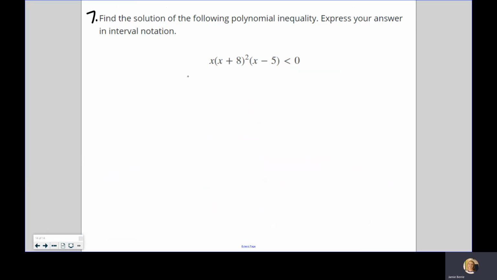All right, so step 1 is to find the solutions or find the zeros, find the x intercepts, same thing. So we're just going to go off to the side here and set this whole thing equal to 0. It's already factored, so I can just go ahead and set each piece equal to 0.